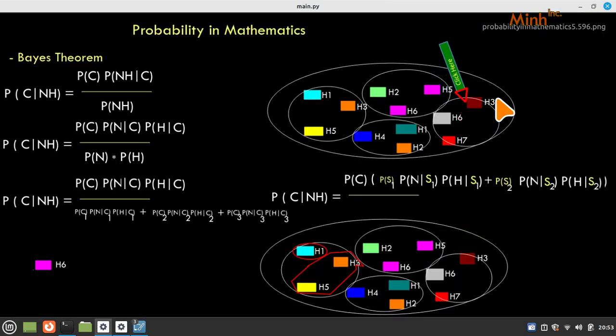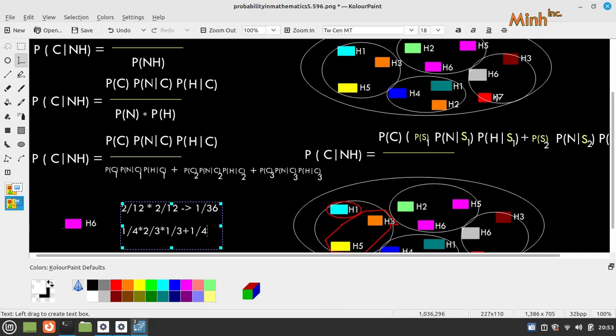So whatever is available per class we are calculating. So that is 1 by 4, into how much purple is there.